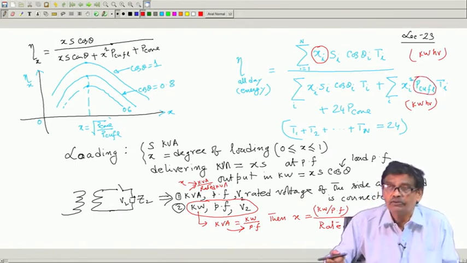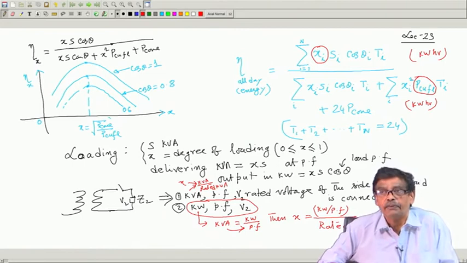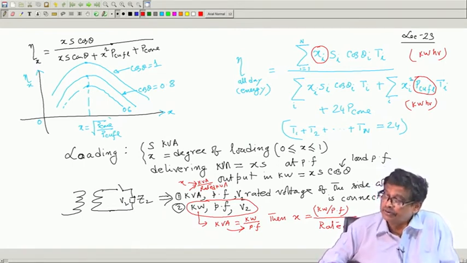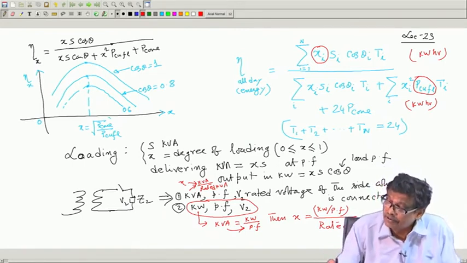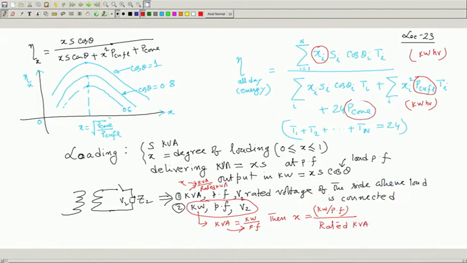When the windings carry rated current, it is the power loss that you get from your short circuit test. What is P core? P core is the reading of the wattmeter under the no load test. So, with that comment we conclude this part of the lecture, that is, the efficiency and how to calculate and estimate it.